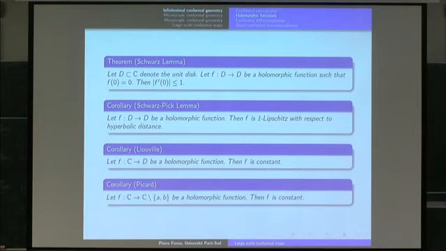And maybe you remember this theorem by Picard, that a holomorphic function defined on the whole plane cannot omit more than 2 values. This follows from the Schwarz lemma, combined with some extra information: the fact that there exists a holomorphic covering map from the disk to the plane with 2 points deleted.